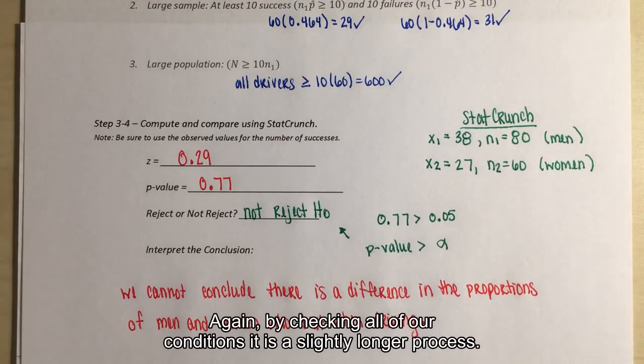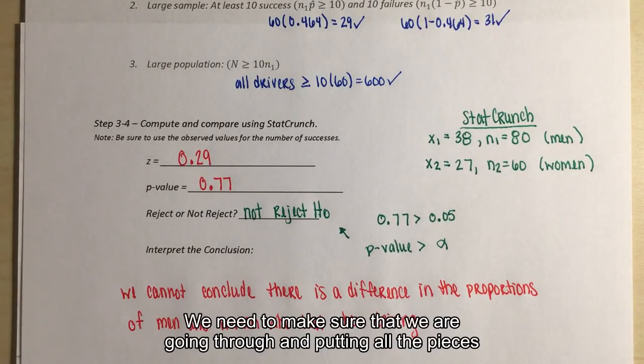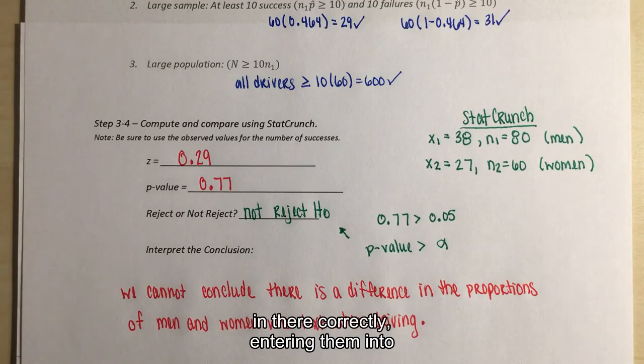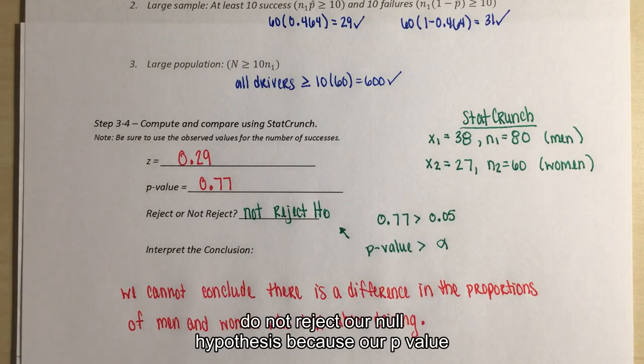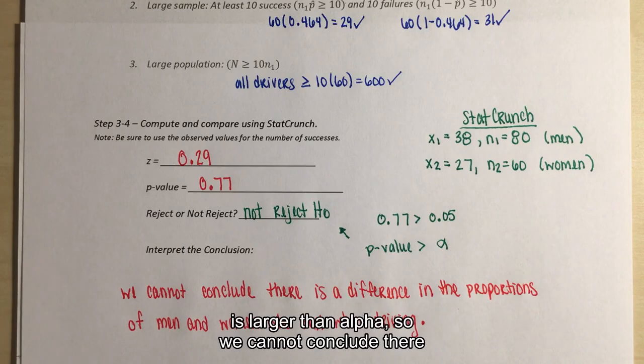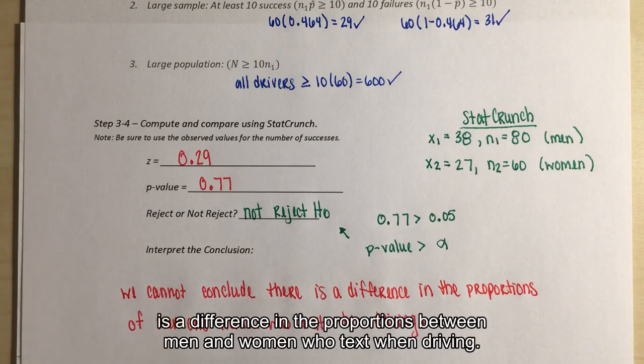So again, by checking all of our conditions, it is a slightly longer process. We need to make sure that we are going through and putting all of the pieces in there correctly, entering into StatCrunch correctly, and then in this case we do not reject our null hypothesis because our p-value is larger than alpha, so we cannot conclude there is a difference in the proportions between men and women who text when driving.